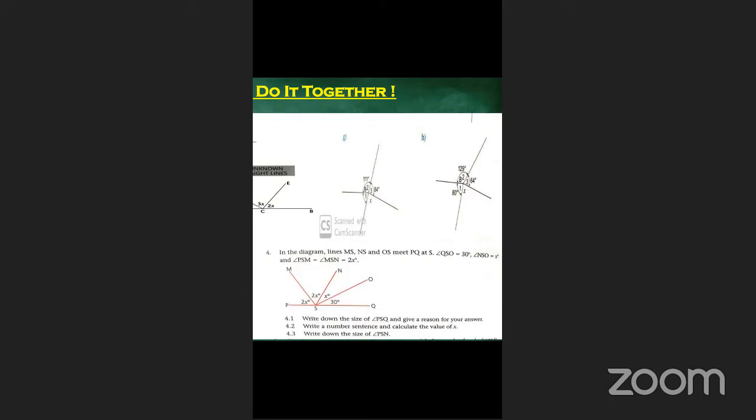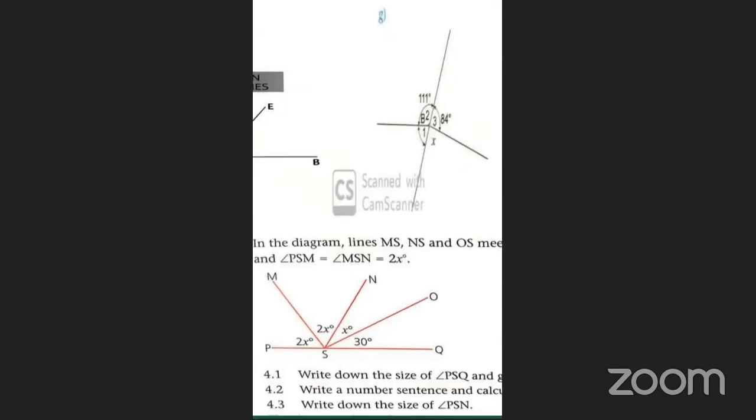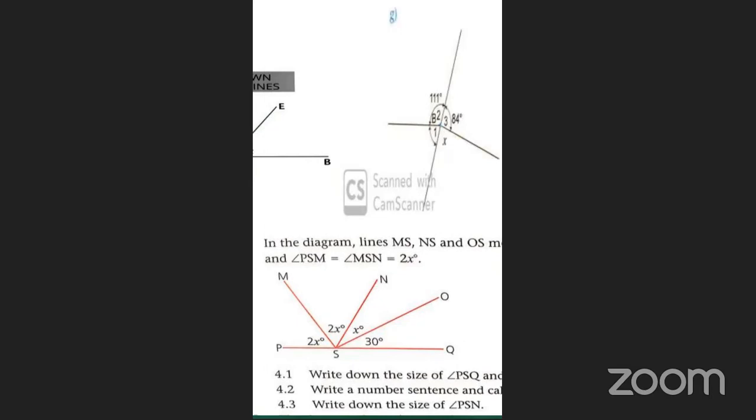I'll ask you, can you please tell me the value for PSQ? In the comments, say the degree of PSQ. Guys, PSQ, not OSQ.